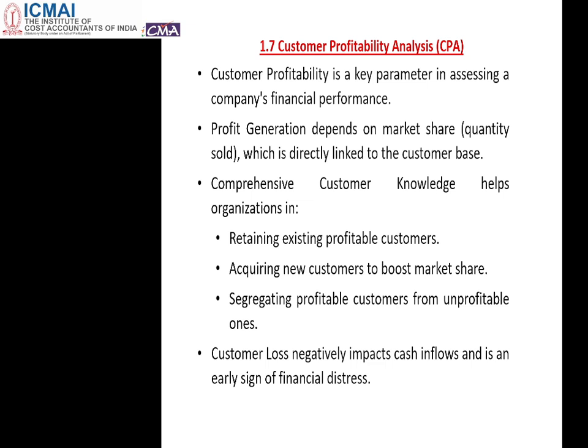The third category or third segmentation which can be achieved through this decision grid analysis is potential customers. So low sales volume but positive contribution.